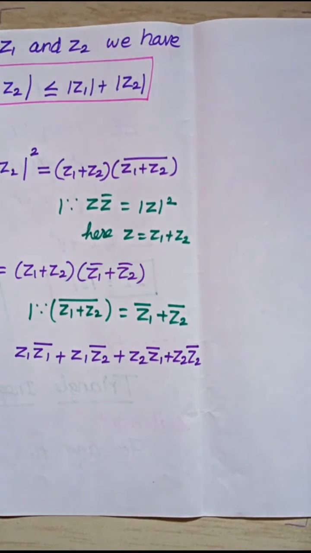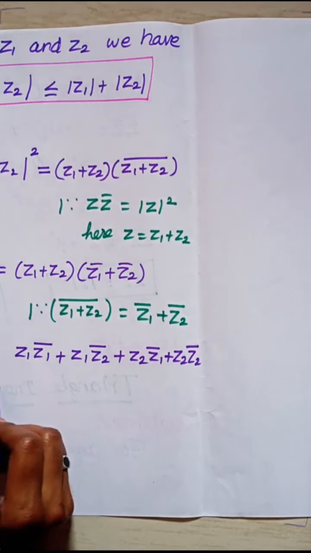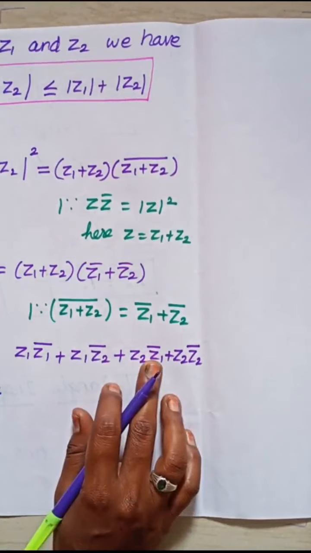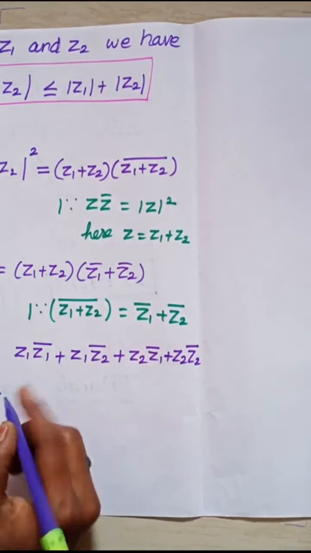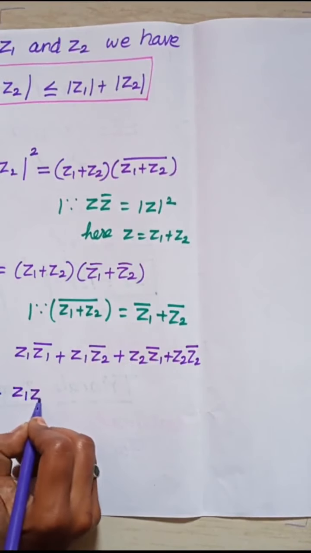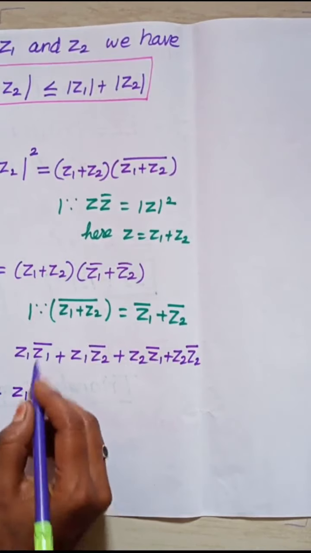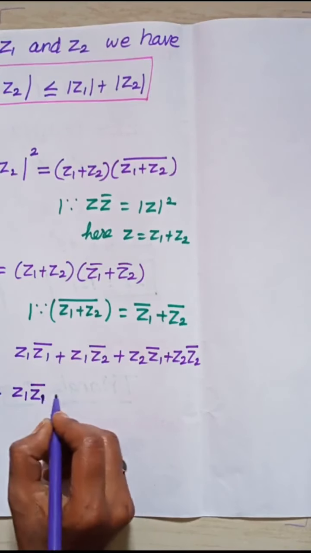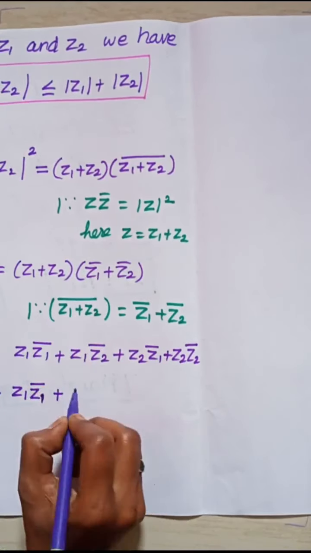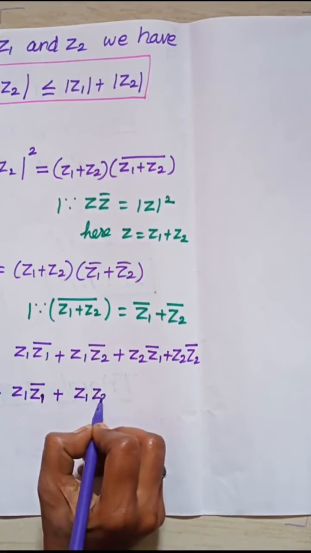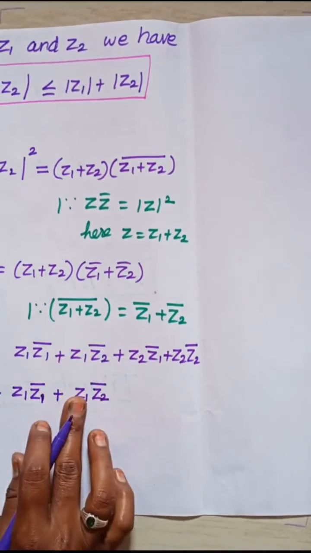We know another result, z double bar is z. Before that we rearrange these two terms. z1 into z1 bar, write it as usual, plus this term z1 z2 bar, write it as usual.